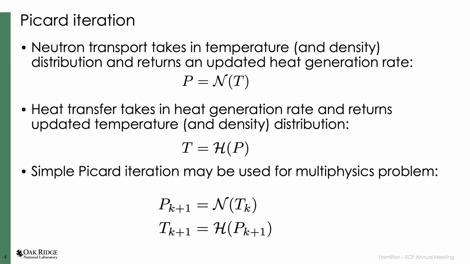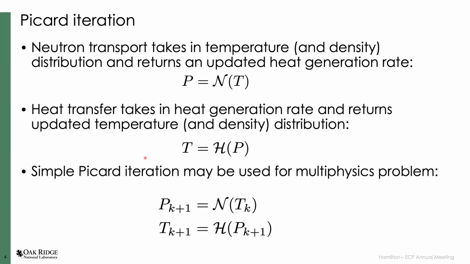So going over the notation that we use, here are two different physics codes. The neutron transport and the heat transfer are just going to be denoted by these two different script operators. For the neutronic side, we're going to start with a temperature distribution. We use that to do a neutronics solve, and the output is a power distribution.